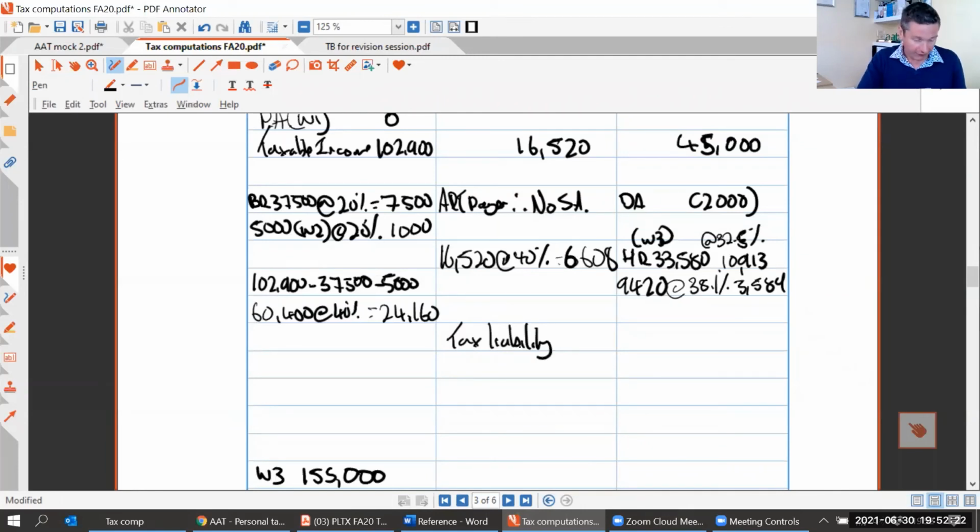Plus 6,608, that was the savings, plus 10,913, which was the last bit left in the higher rate band, and then the last £3,589, which is taxed at the additional rate, gives us a figure of £53,770. So that's our tax liability.